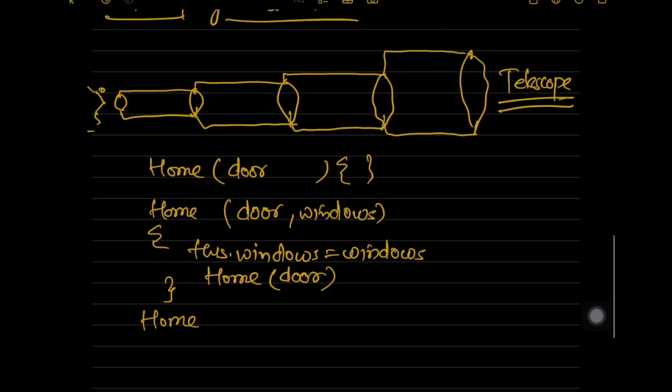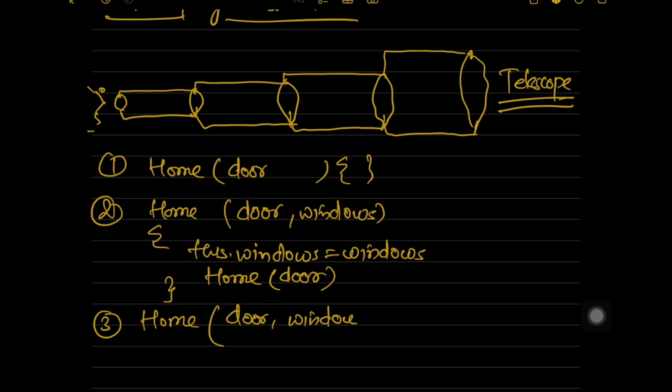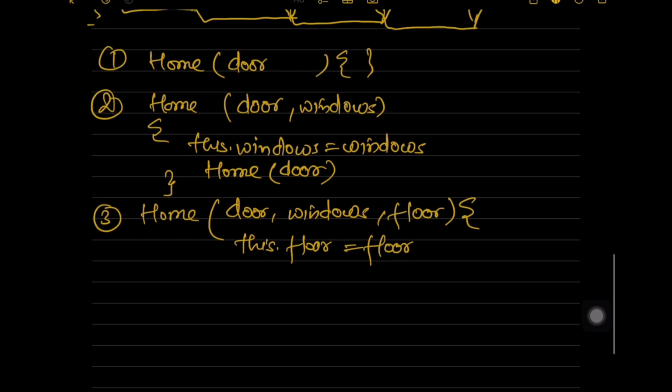Then say we have another Home constructor. This is constructor number 1, this is constructor number 2, and say this is the third constructor. Now it has 3 parameters: door, windows and floor. What we do here is again set this.floor equal to floor, and then we pass the other 2 parameters to the this call.